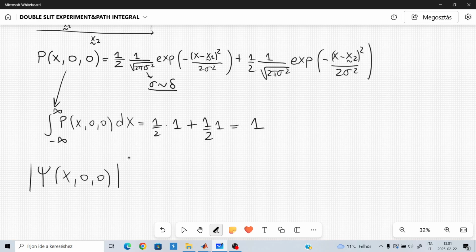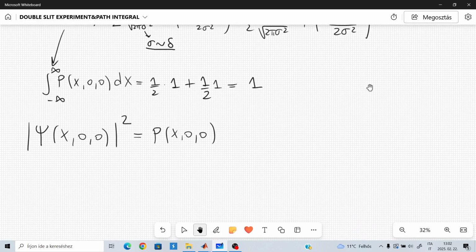And then if we take the magnitude squared of this probability amplitude, which is the wave function, you get the probability of x, 0, 0. And in general, this holds also if you have y and t here, which are not 0. And so we have to choose our psi such that the mod squared will give us p.